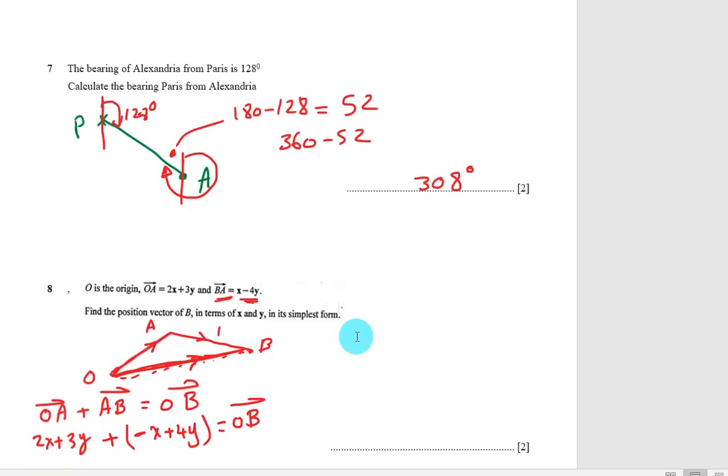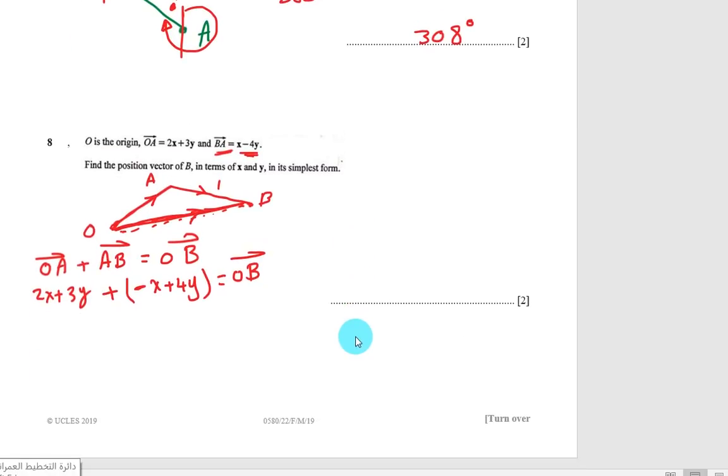So let us complete the equation. 2x minus x will be x, plus 3y plus 4y will equal 7y. So OB will be x plus 7y.